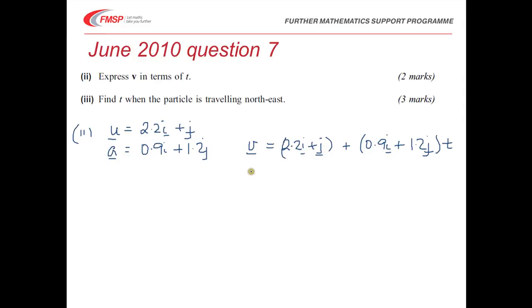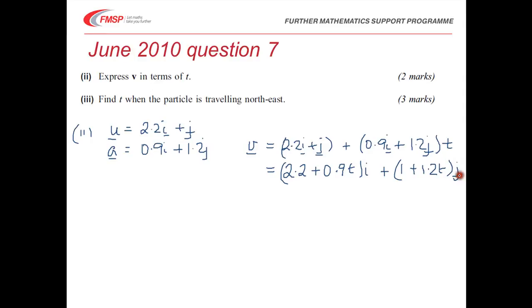So that is now an expression, and that's all we need. You could at this stage bring your i components together if you wanted to. It's not essential, but we certainly could do that, as 2.2 plus 0.9t in the i direction, plus 1 plus 1.2t in the j direction.